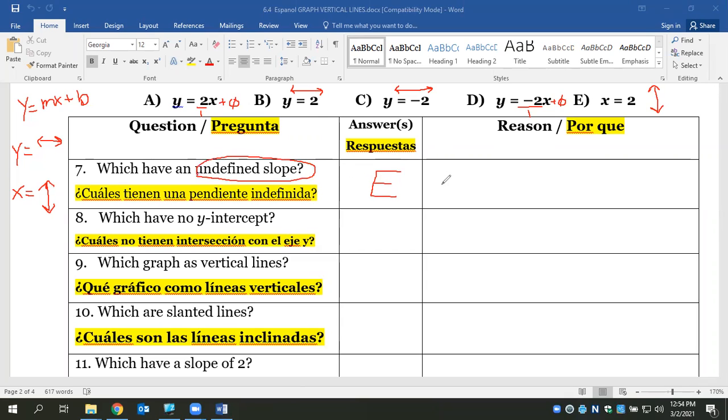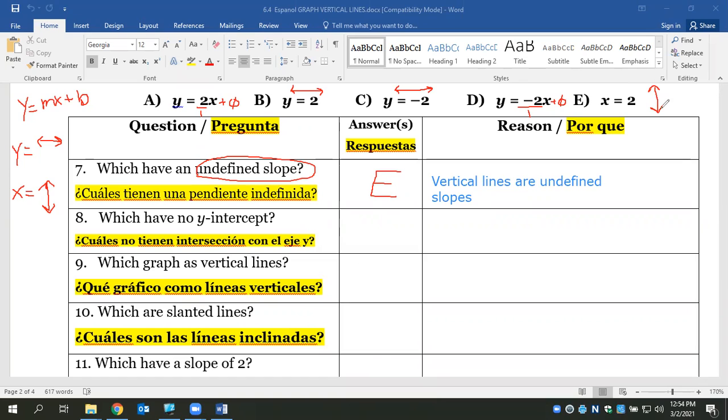So you're going to write in here, vertical lines are undefined slopes. Okay. Which have no y-intercept? Which of these are not going to cross y?